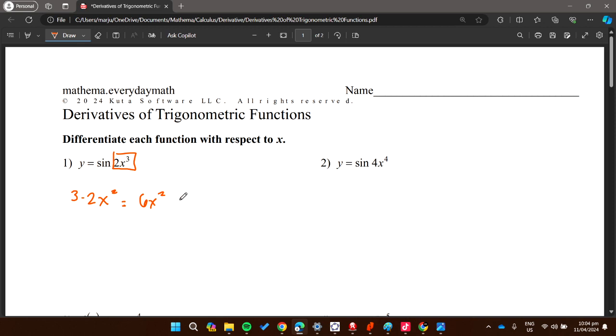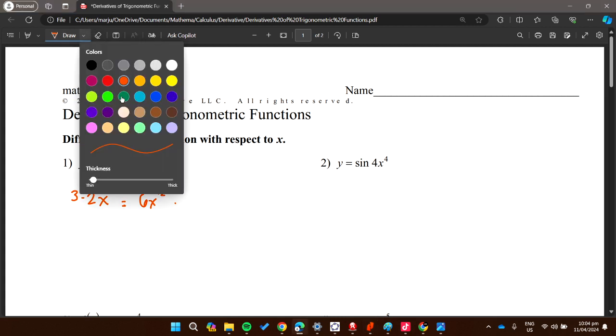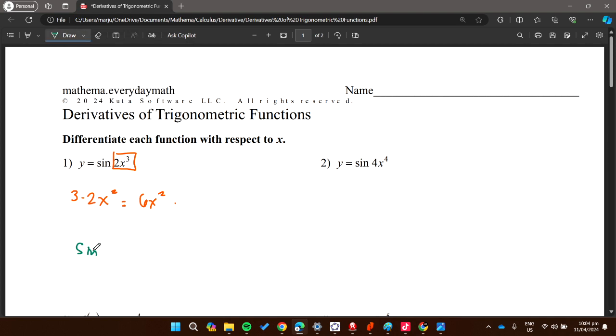And then next, get the derivative of the sine function. What is the derivative of sine again? Derivative of sine is just cot. Not cot, cos. So the derivative of sine of 2x cubed is just cosine of 2x cubed.